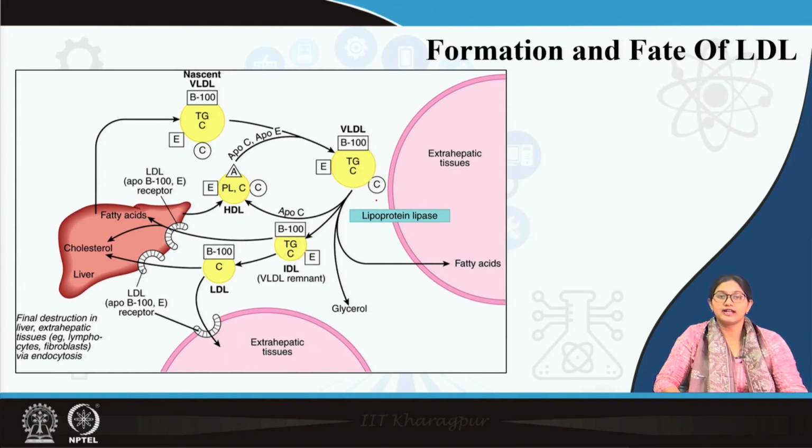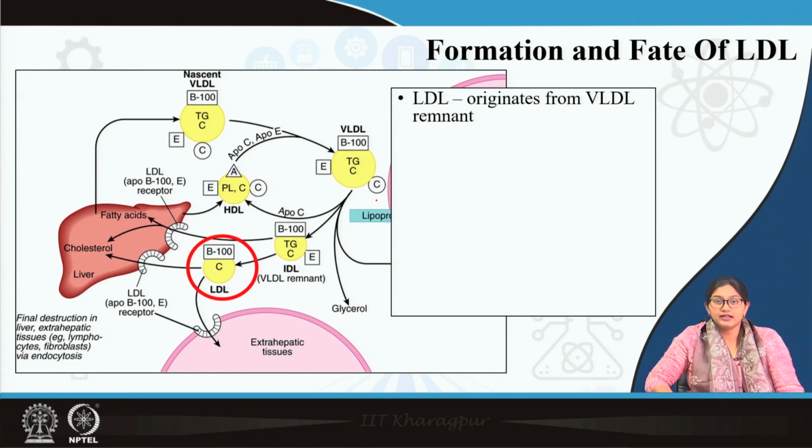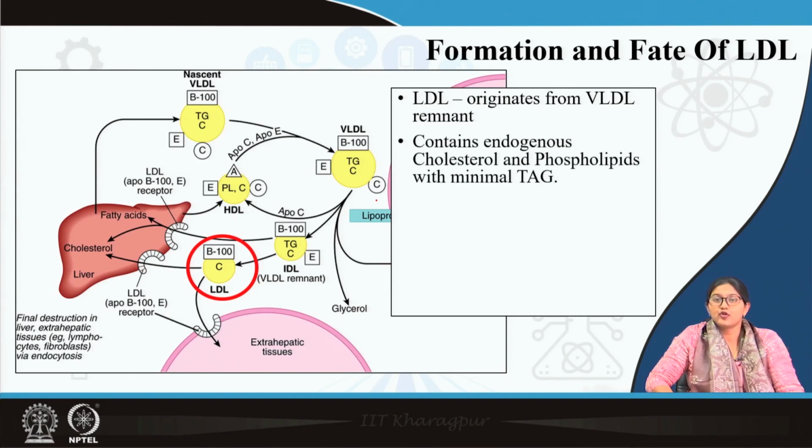So, what is low density lipoprotein? You can see this low density lipoprotein is formed from the VLDL remnant or IDL. Now, in this low density lipoprotein, what is there?